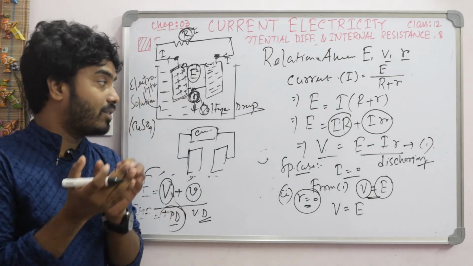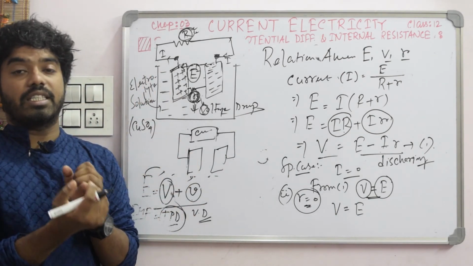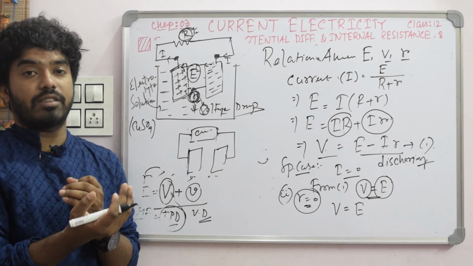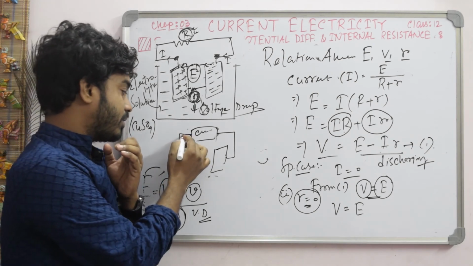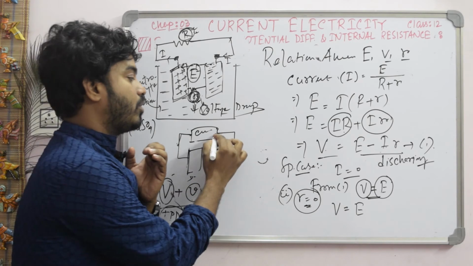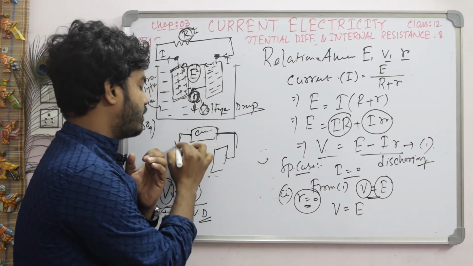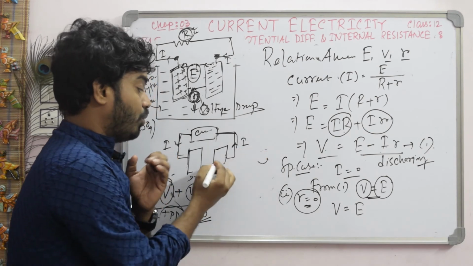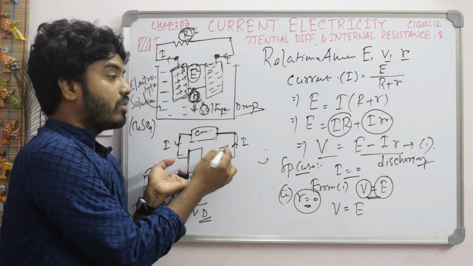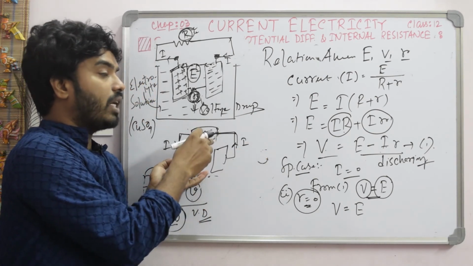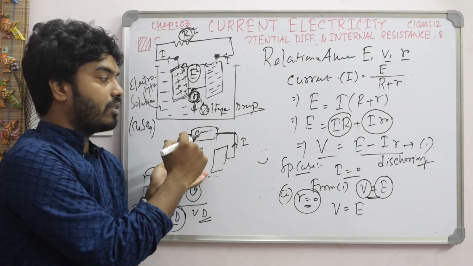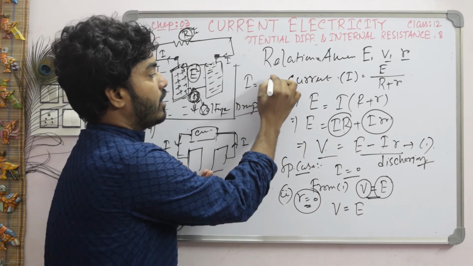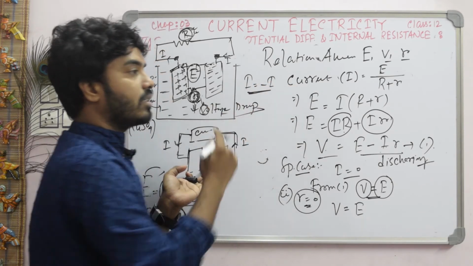But when the cell is charging, that means the flow of current reverses. The charger gives current, so the flow of current will be in this way. Current will flow in this way. No current is drawn from the cell, because the cell is being charged by some charger. So in that case, we can say I is equal to minus I, because current reverses.